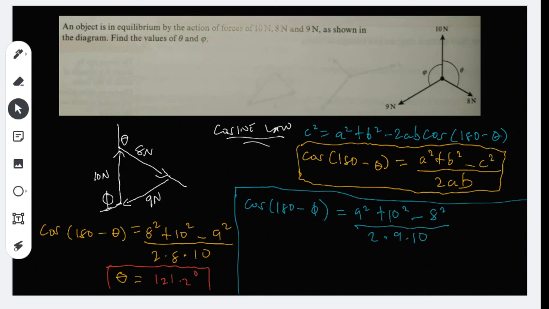Using your calculator, we can say that the p here will be equal to 130.5 degrees, one decimal place for an angle. So this is using the triangle of forces. However, we made use of the cosine law because all the unknowns are the angles.